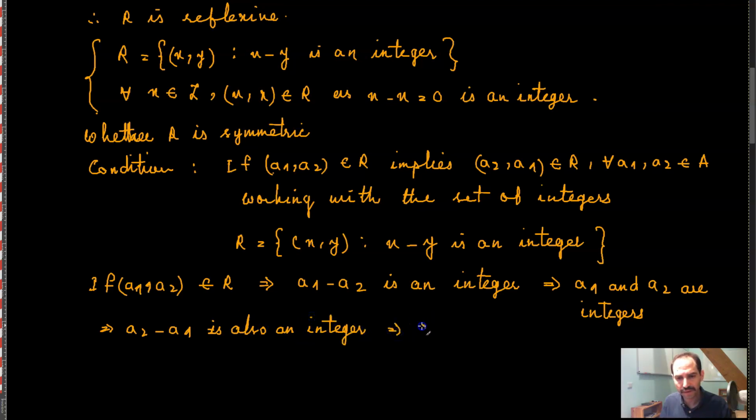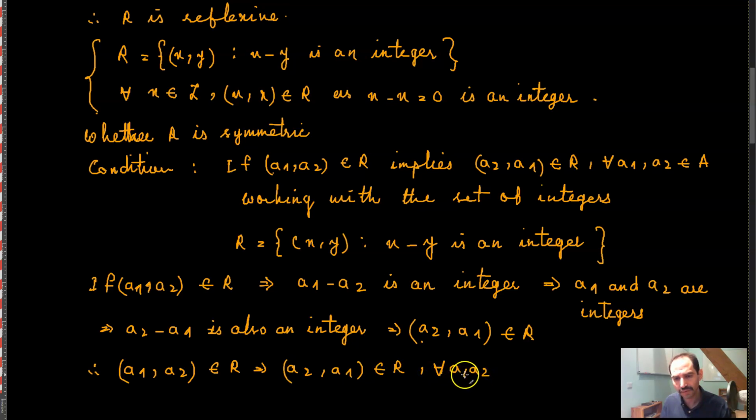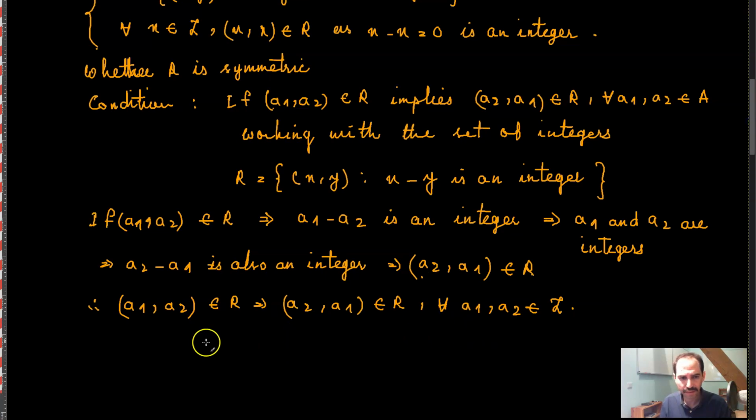Which implies that A2 comma A1, based on this rule, also belongs to R. This means that A1 comma A2 belongs to R implies that A2 comma A1 belongs to R, for all A1 and A2 belonging to Z, which means that R is symmetric.